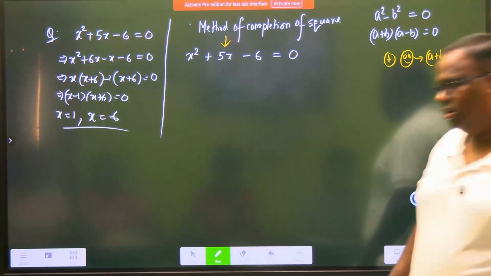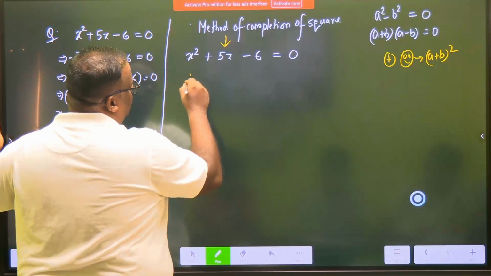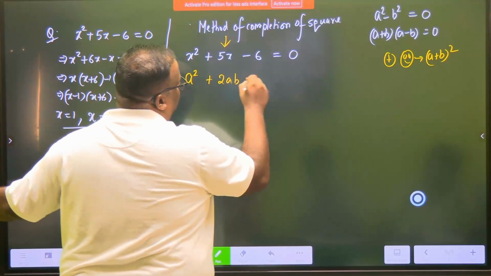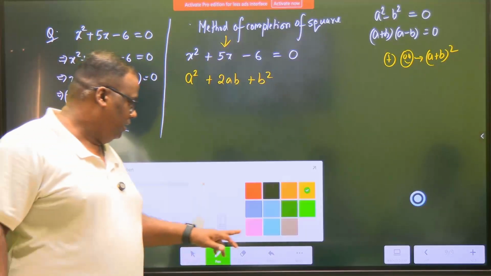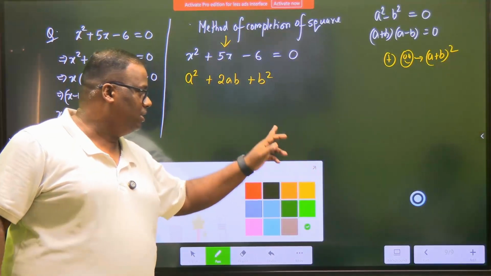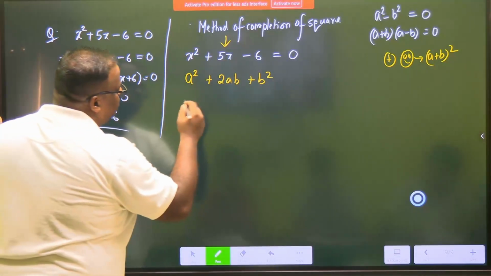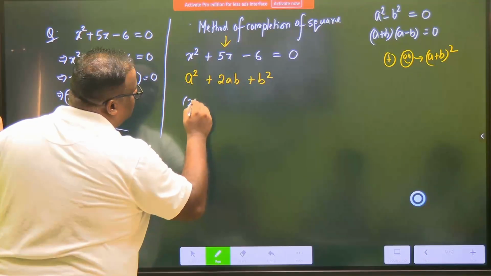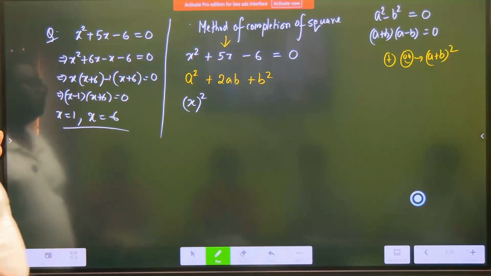Understood? Okay. Let us expand a plus b whole square: a square plus 2ab plus b square. This is how you expand a plus b whole square. Acha. Now this is like जबरदस्ती का mathematics है ना, मिलाना पड़ेगा. So let's make a square. Can I make it as x square? ठीक है?